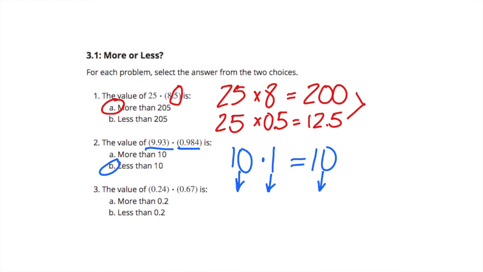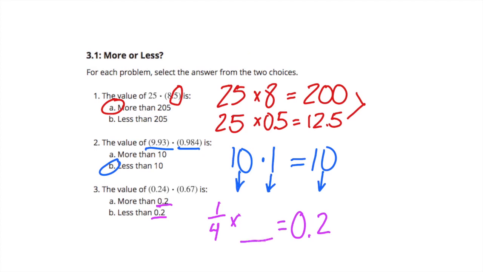Finally, looking at the first factor in the third problem, 0.24 is very close to 0.25, which is 1/4. Now, if I'm looking to determine if my product is going to be more or less than 2/10, what I want to start figuring out is 1/4 times another factor equals 2/10.